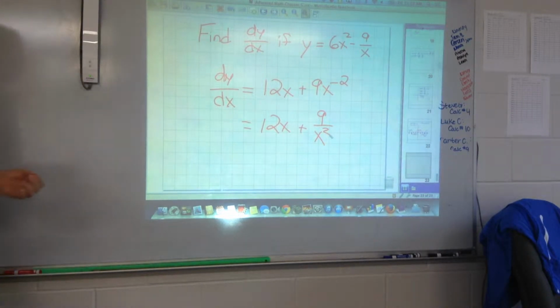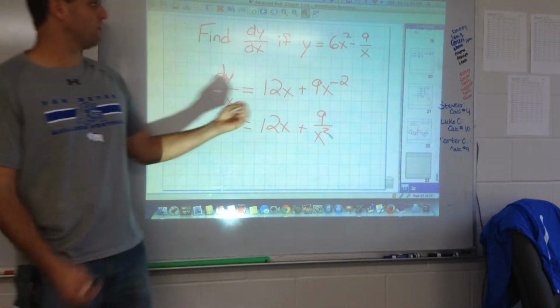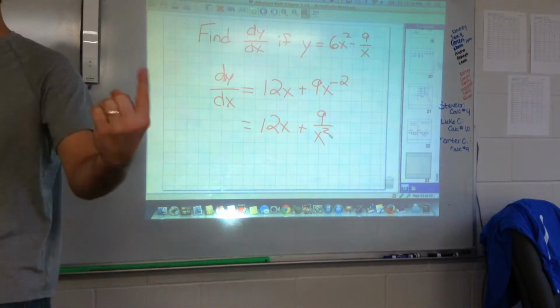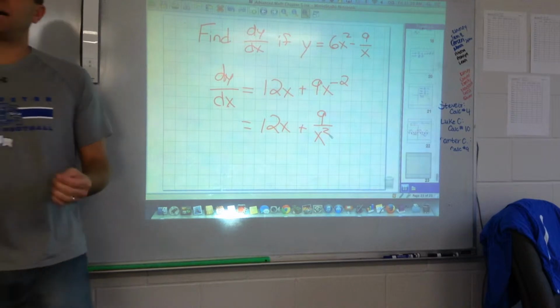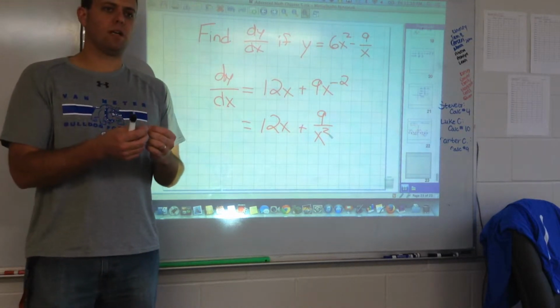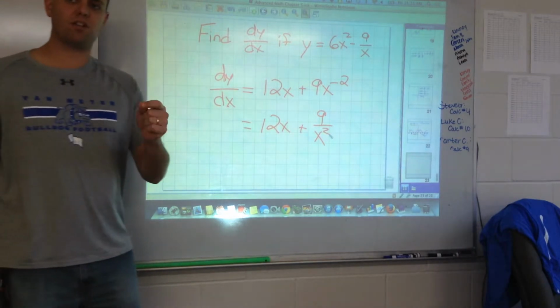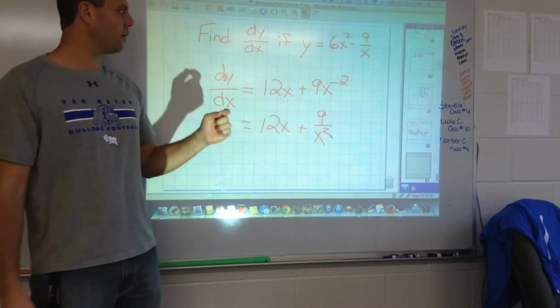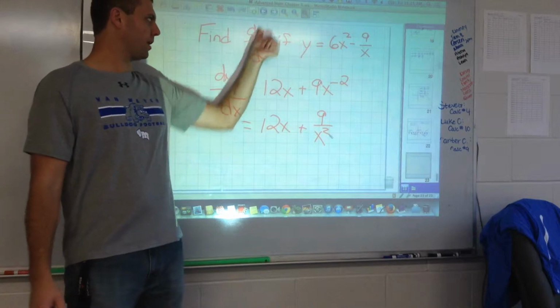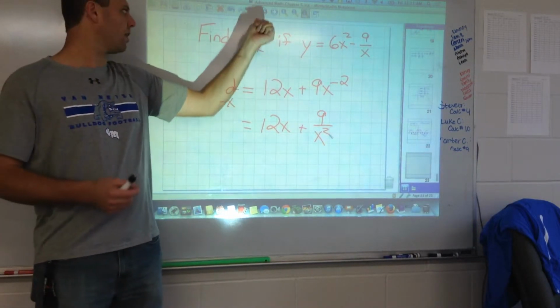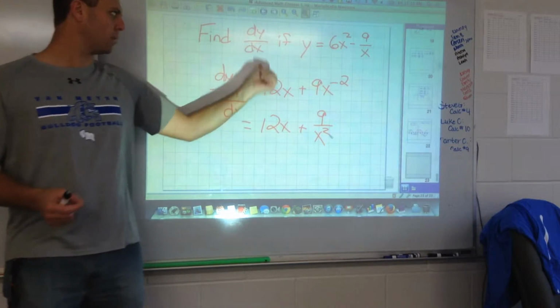Okay? But we actually used implicit differentiation without even knowing it. What's the derivative of y? 1. Okay? But what we do then is, when we do implicit differentiation, whenever you differentiate using a variable that you're not differentiating with respect to, so if I ask you to do dy dx, you're differentiating with respect to x, you're trying to find how fast y is changing with respect to x.